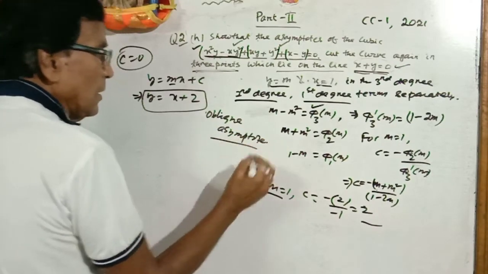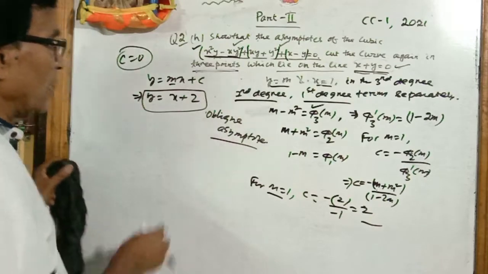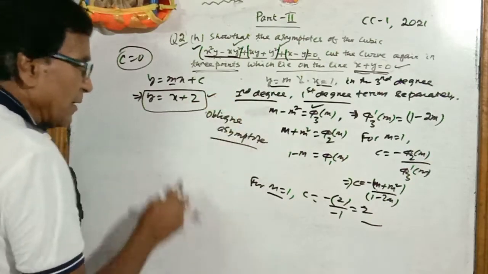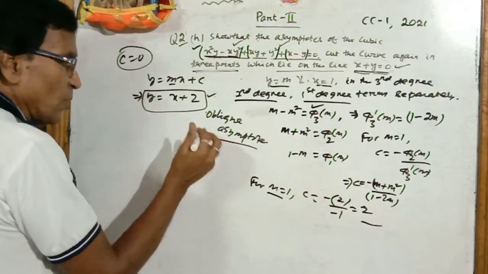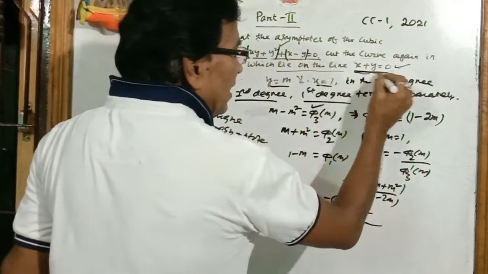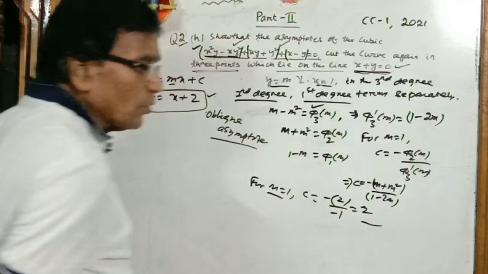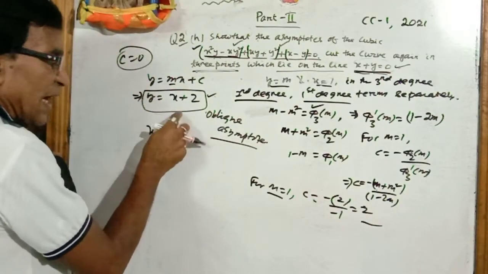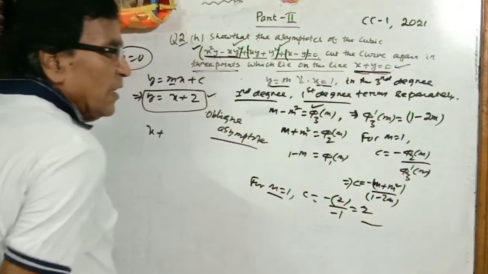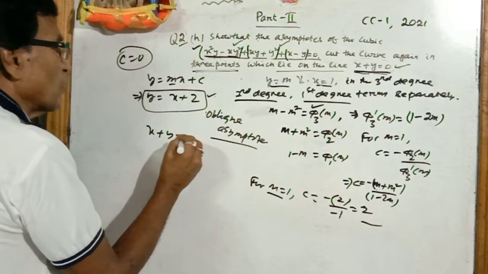Now let us find out the point of intersection at which this oblique asymptote intersects the line x plus y is equal to 0. We'll find out at which point this asymptote meets the straight line x plus y is equal to 0.